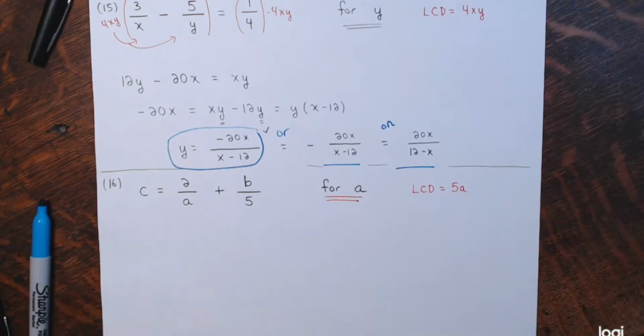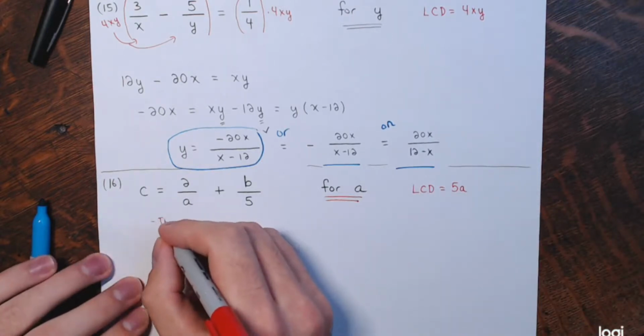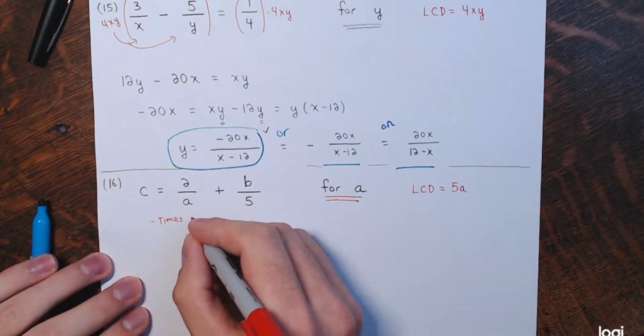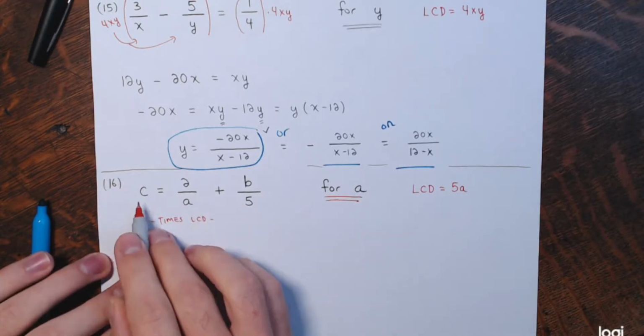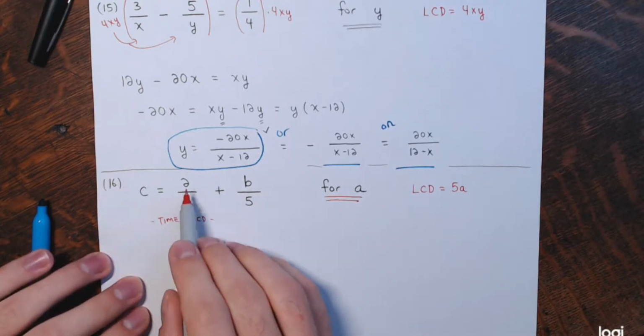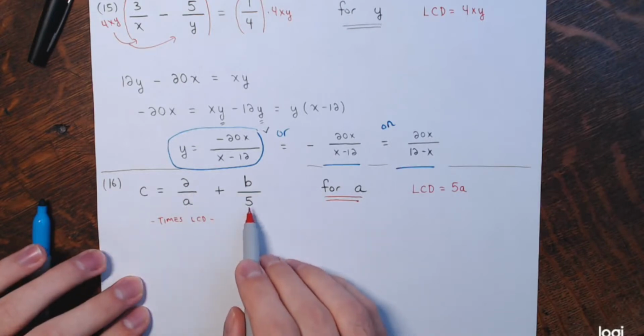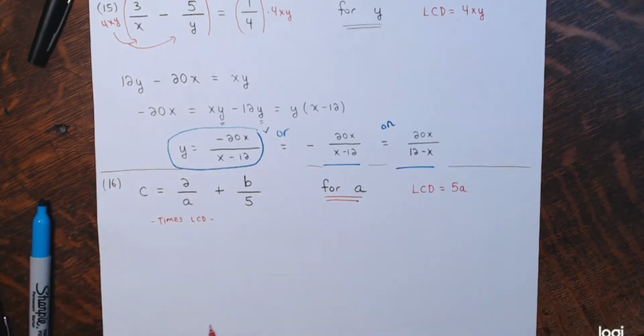And then I'll just write times LCD. I'm multiplying every single term, the C, the 2 over A, the B over 5, all of these by the LCD, every term on both sides.